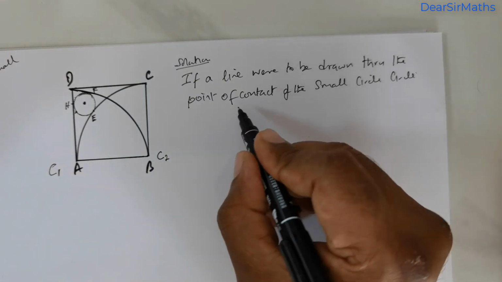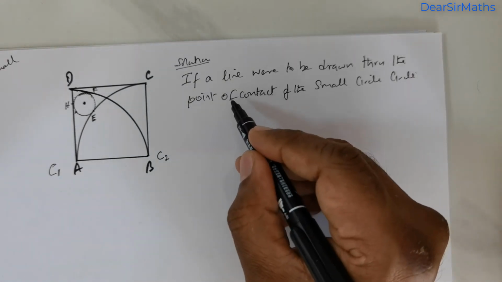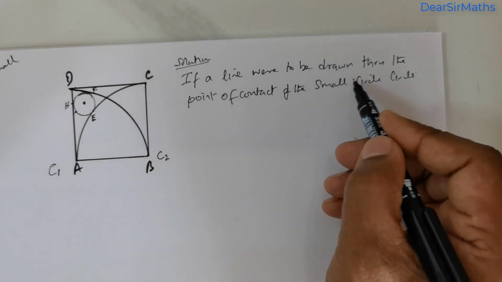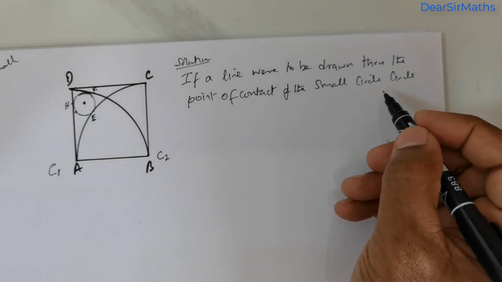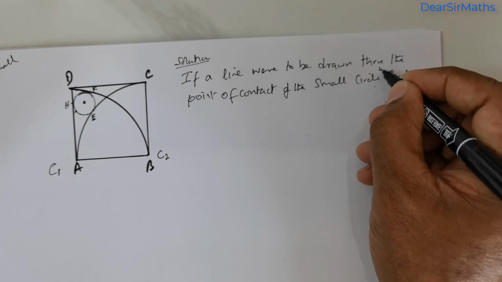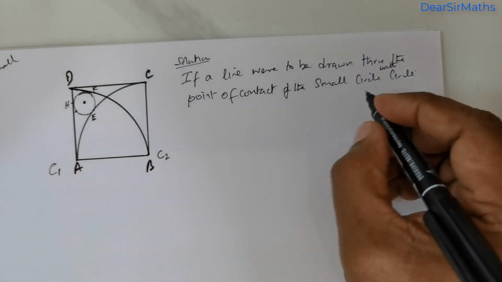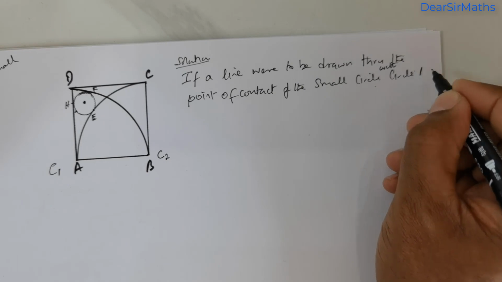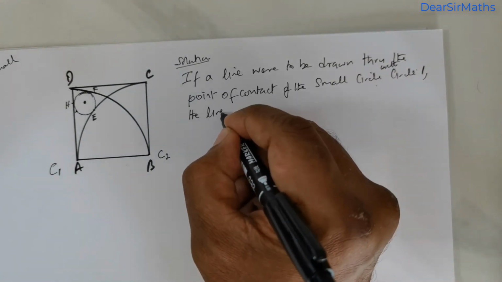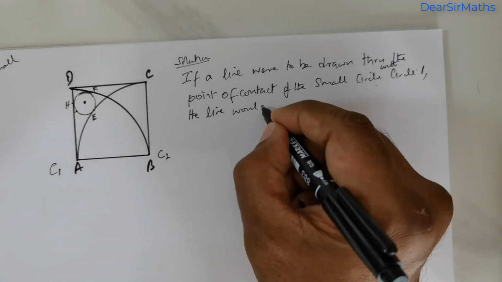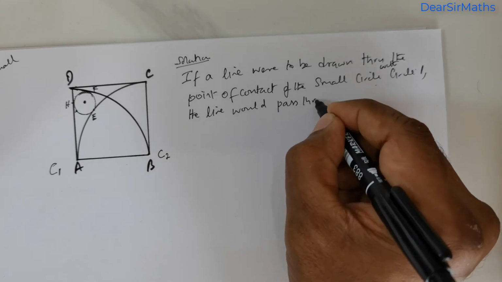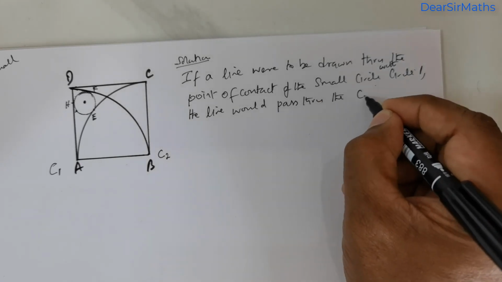So that's exactly what I'm going to do. If I represent it by this sentence: if a line were to be drawn through the point of contact of the small circle with circle 1, the line would pass through the centers.